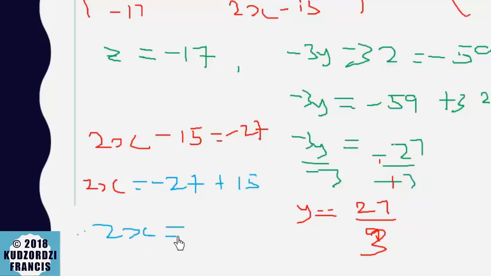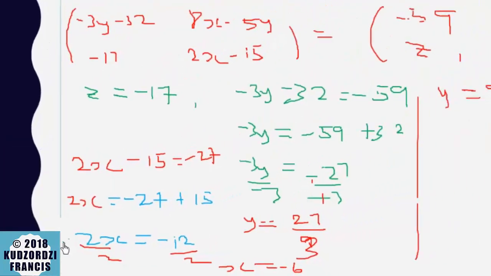So we have 2x being equal to negative 12. So divided through by 2, we'll get our x to be equal to negative 6. X equals negative 6.